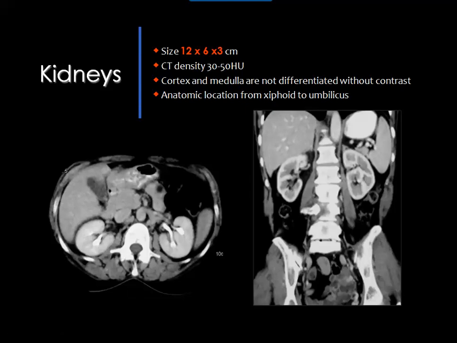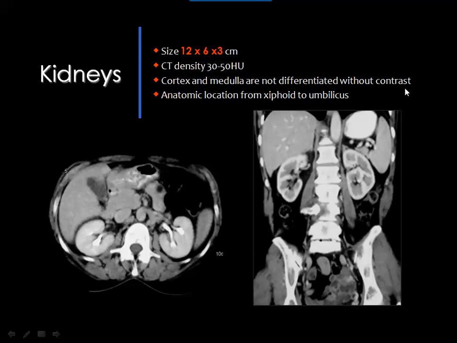Then you know that the kidney is located in the retroperitoneum, and it measures approximately 12 centimeters in craniocaudal diameter, 6 centimeters in transverse diameter, and 3 centimeters in thickness.